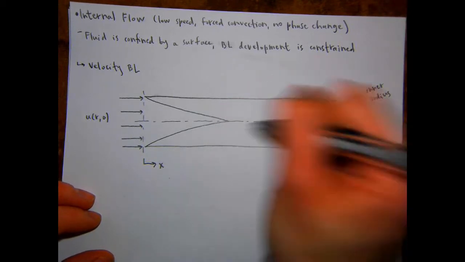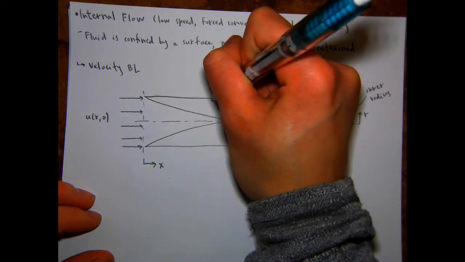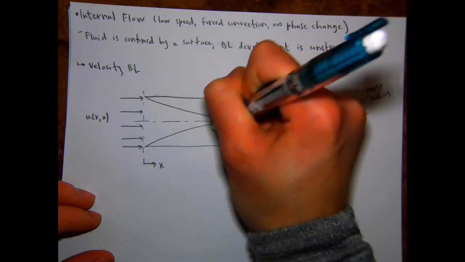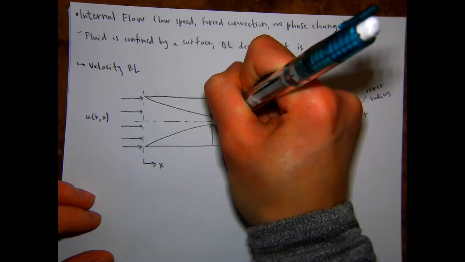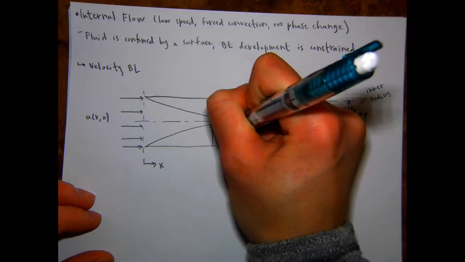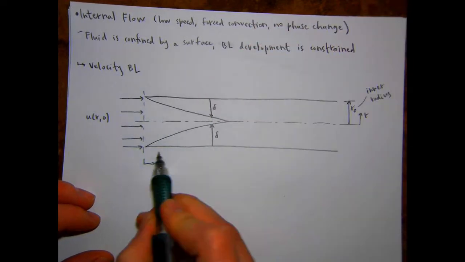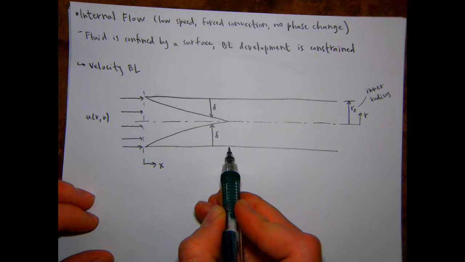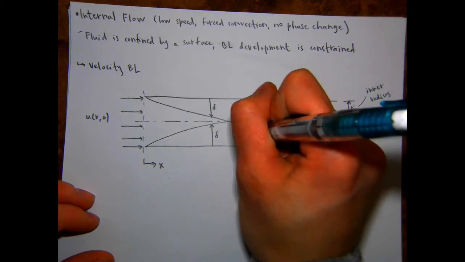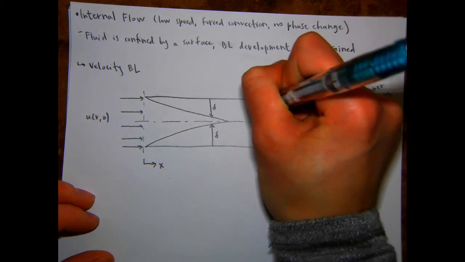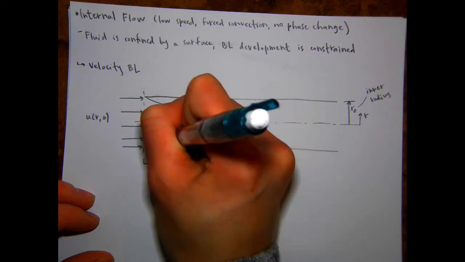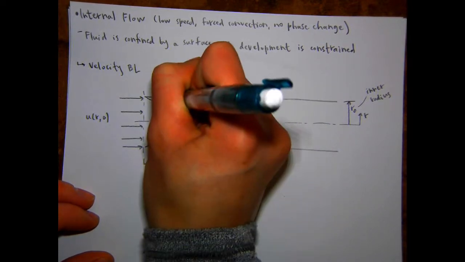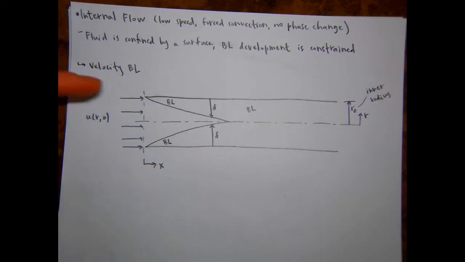So we'll say this is our boundary layer thickness, delta. Of course, it's changing in the x direction. And these are our boundary layers. So we've got a boundary layer on the upper and the lower surfaces, and then they meet.